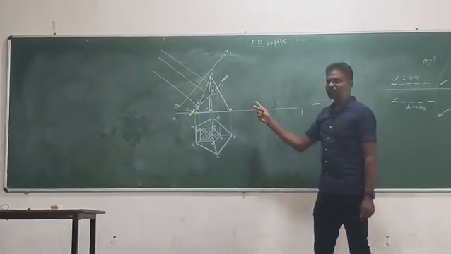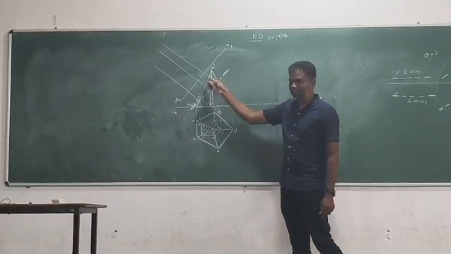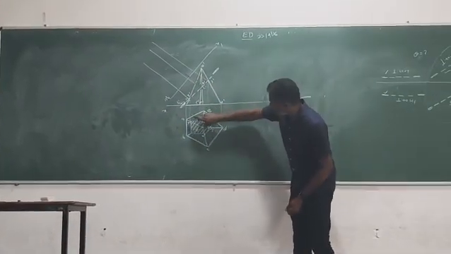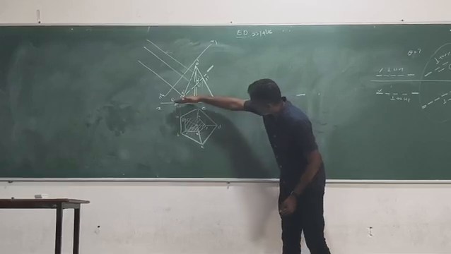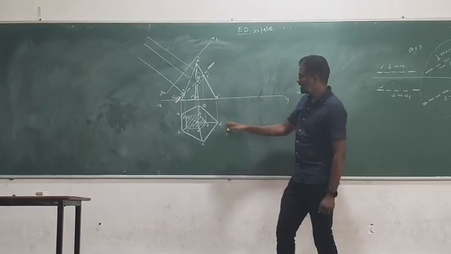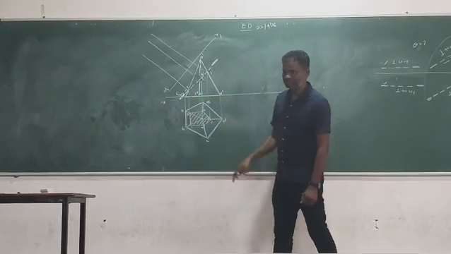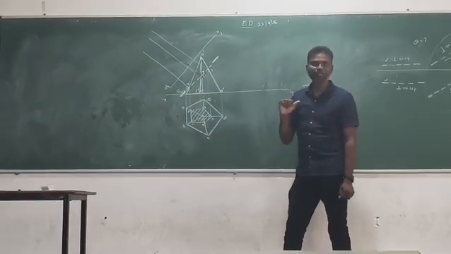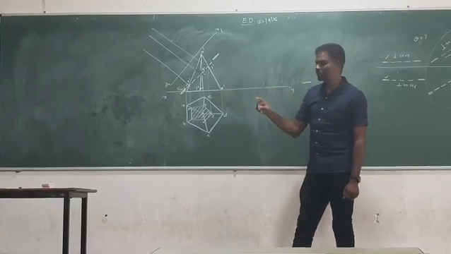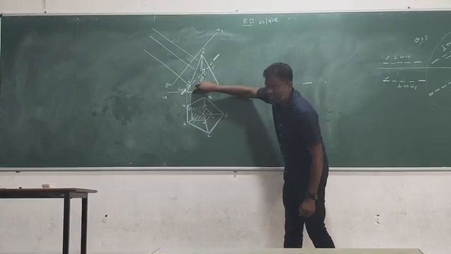After drawing the perpendiculars from every cutting point to the XY line, you measure the distance of these cutting points from the original XY line. See, on this perpendicular how many points are there? 1 and 5. We have to measure the 5 and 1 distance from the original XY line.